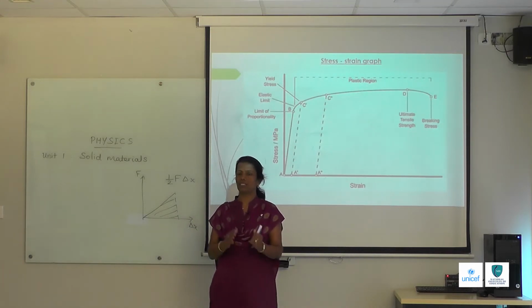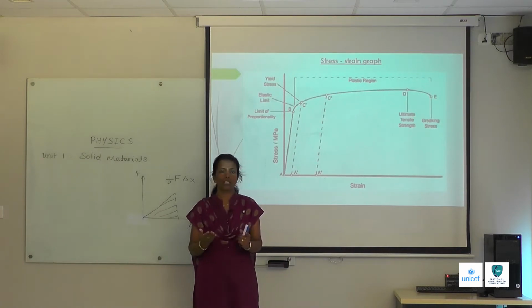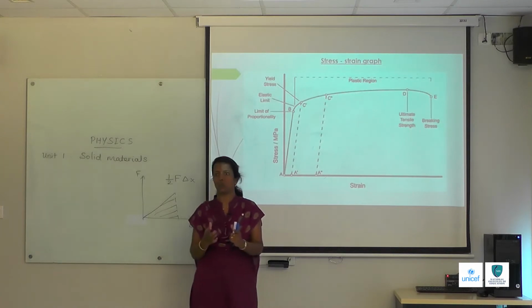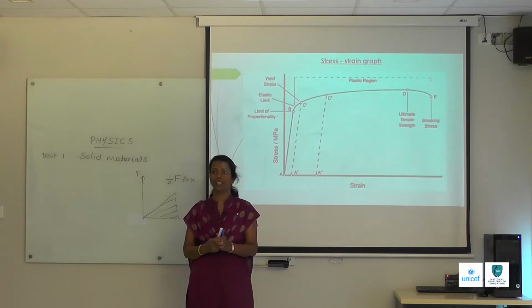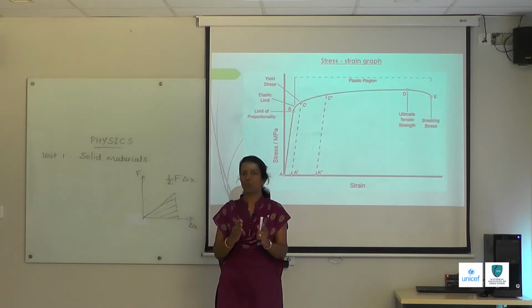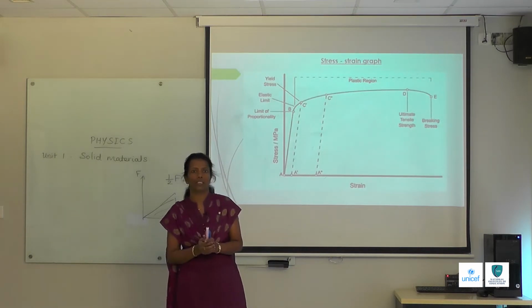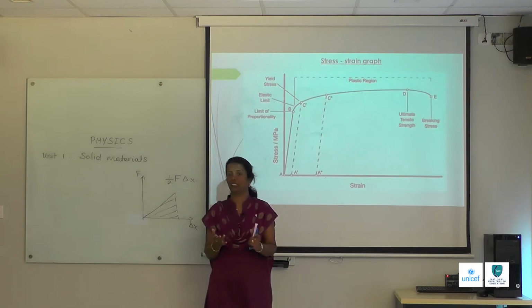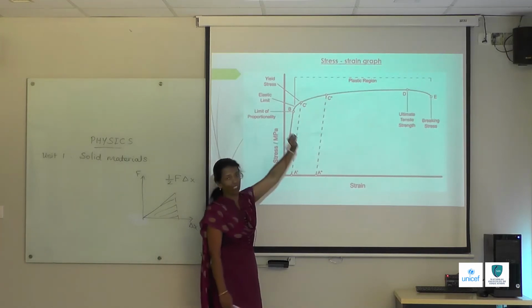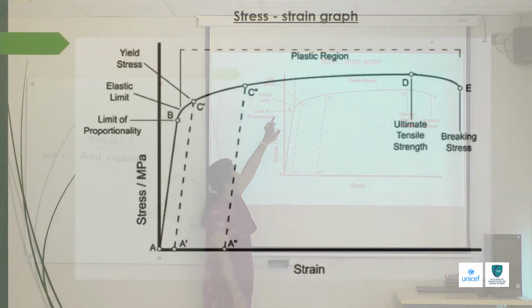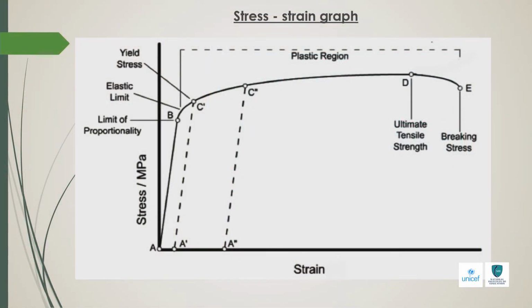At this point, a significant strain is produced for the given stress, or you can say a significant extension is noticed for the given force, and that point is what we call the yield point. So, the yield point is the transition point at which a significant extension is noticed for the given force. So, that yield point always comes just after elastic limit. You can look at the series, first limit of proportionality, then comes elastic limit, then comes the yield point.